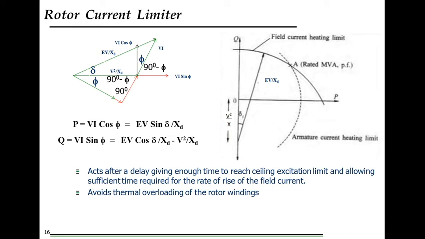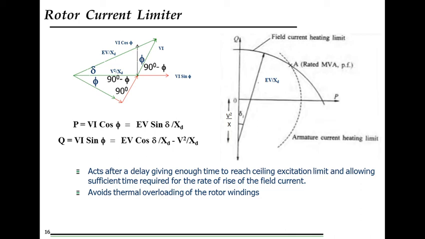This means it will shift on the Q axis to the negative side by V square by XD. So the center shifts from the origin to the negative reactive power side by V square by XD. So we get the center, and our radius will be EV by XD, and then we plot another circle. Now this circle will give us the field current limiter.